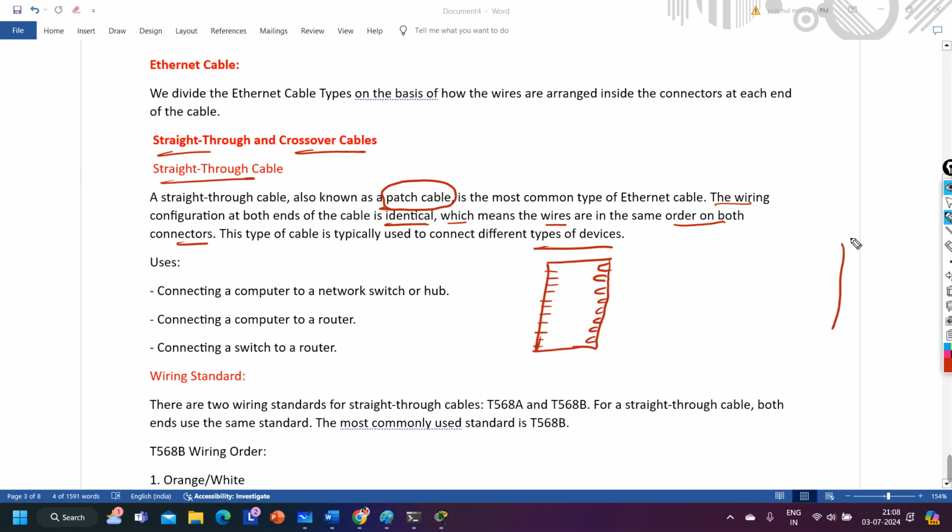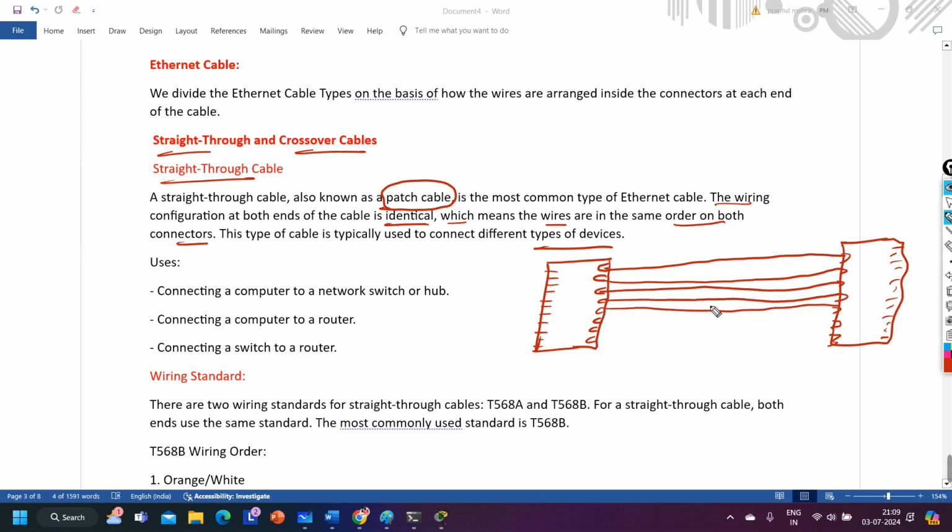In the same way, this side also I have an RJ45 connector, and I have 8 pins: 1, 2, 3, 4, 5, 6, 7, 8. So in the straight through cable, each pin is directly connected with its counterpart. Got it? Like this.